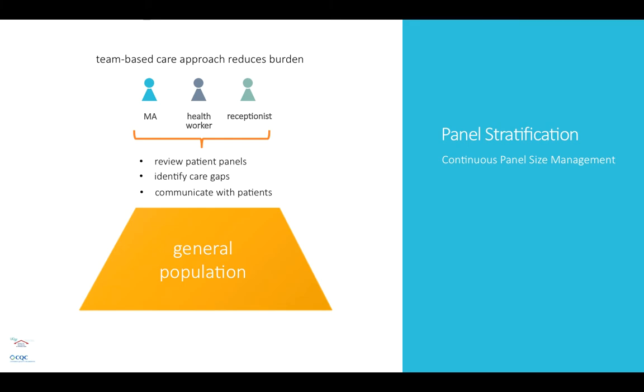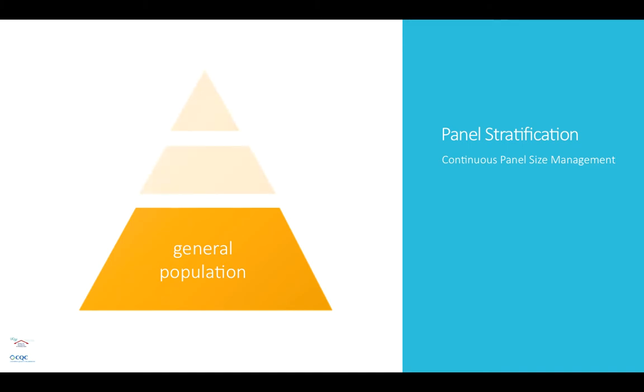By training and empowering prospective panel managers to conduct the necessary outreach work to identify which patients are overdue for care, clinicians are free to focus on the people in the pyramid with more complex needs, requiring more sophisticated clinician decision-making, diagnostic skills, and ongoing care management.